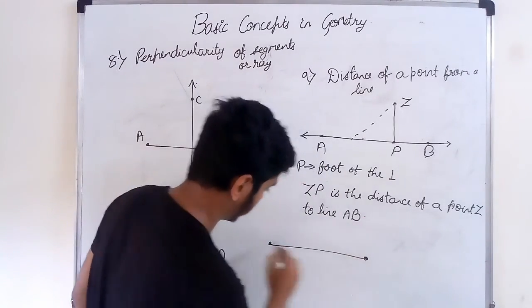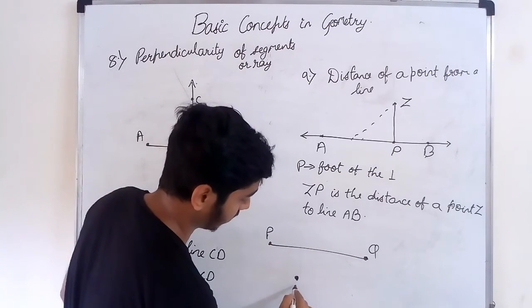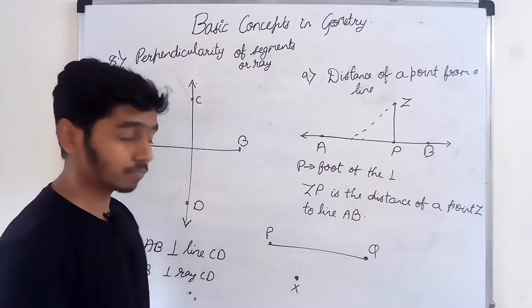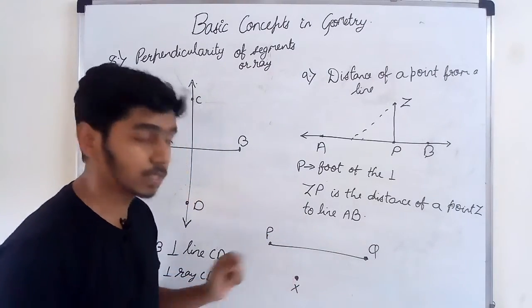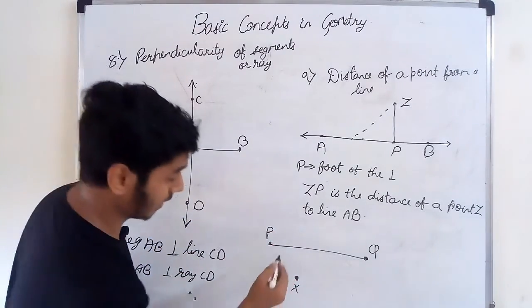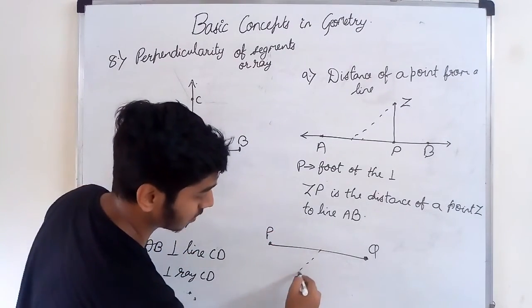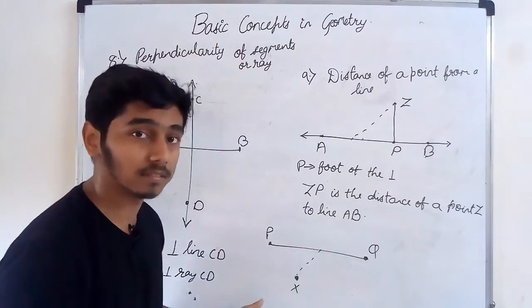Okay, let's take one more example. Let's say this is PQ and this is any point X. How can we find the distance of this line and this point? It will be this. We cannot take a slanting line as a distance. This will be more, right? We don't want to cover more distance by walking.